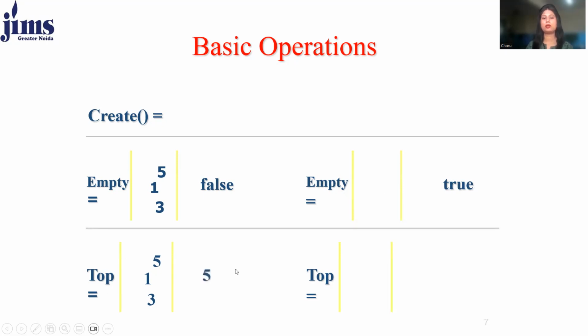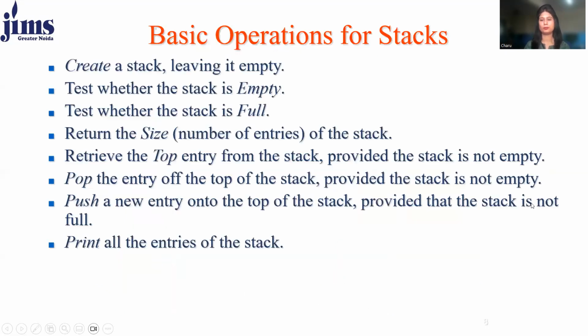The top element will be 5, because in the stack we have last in, first out. And if the stack is empty, then we cannot pop an element because there is nothing in the stack, so it will generate an error.